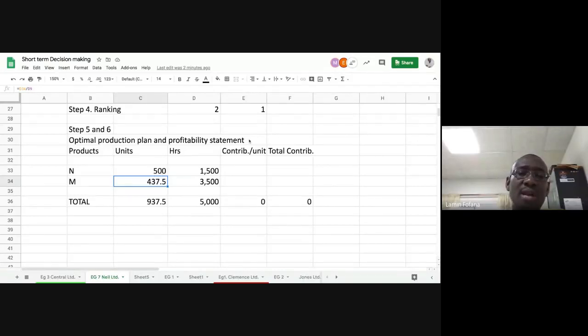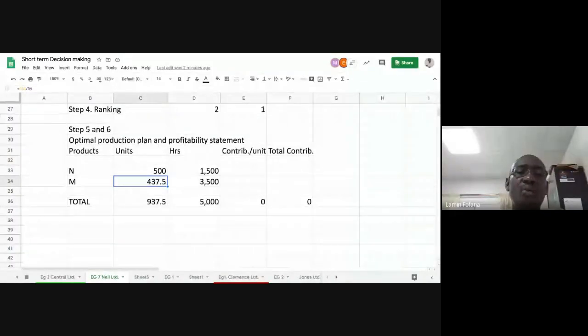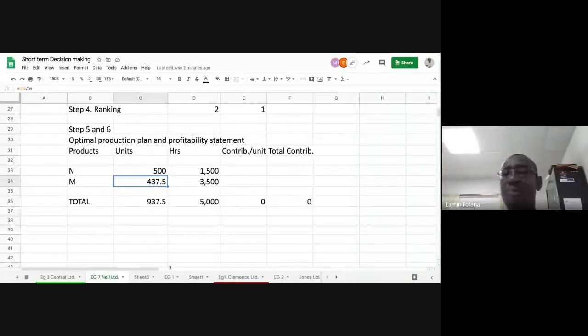According to our ranking, we need to produce N first, and we have to produce everything, which is 500. The 500 units will take 1,500 of our available hours, and we'll be left with 3,500 hours of the 5,000. That 3,500 hours is going to translate to 437 units. Simple. That's our optimal production plan.